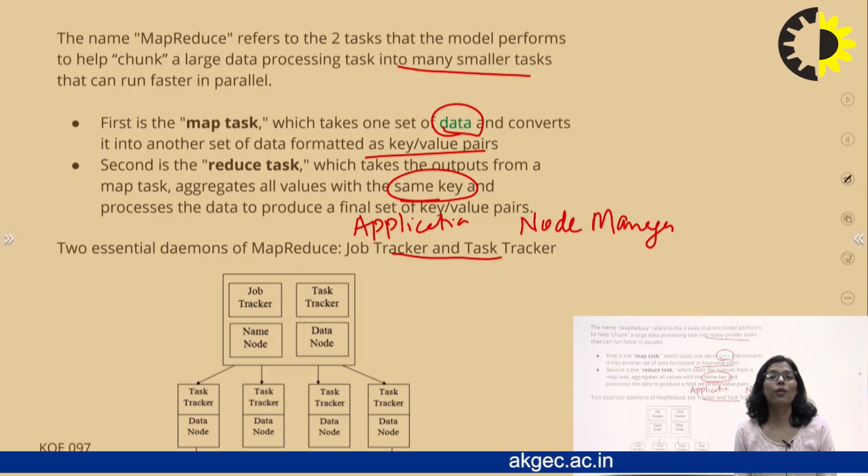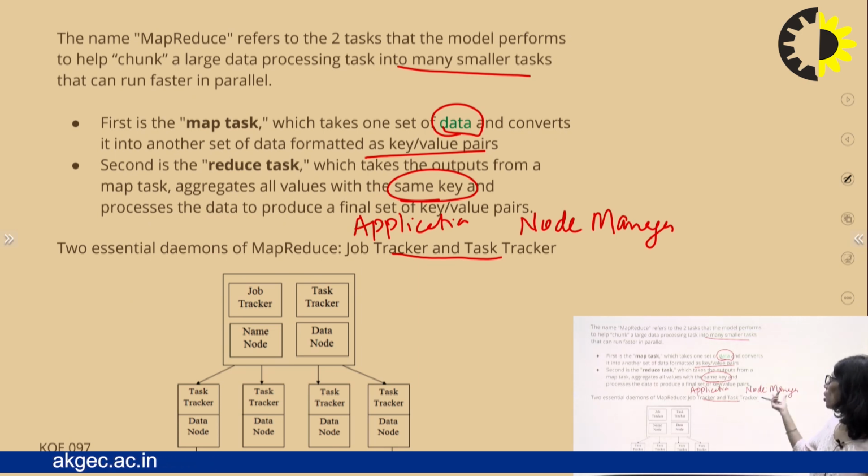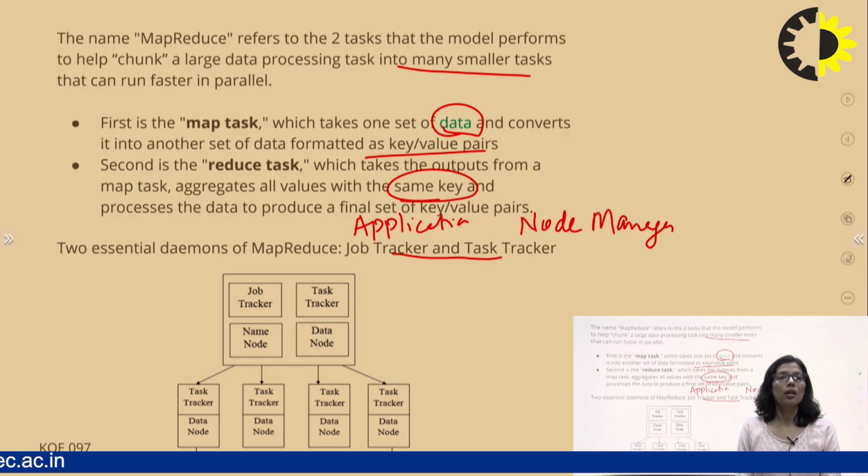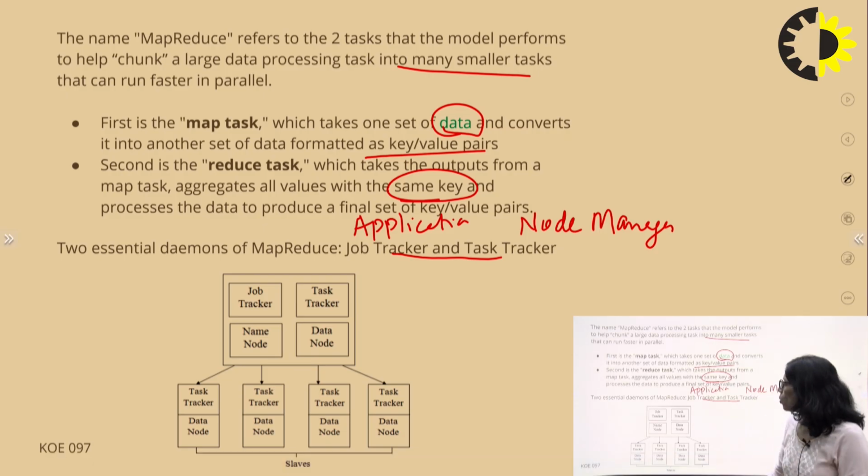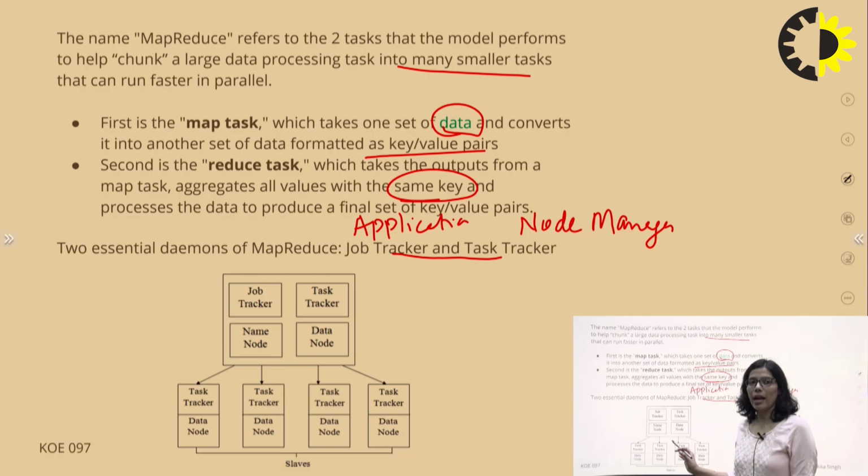We have already discussed that Hadoop has a master-slave architecture. The task tracker or node manager is a slave service. In HDFS, where we have the name node and data node, the name node will have the job tracker, whereas the data node will have the task tracker, or node manager.